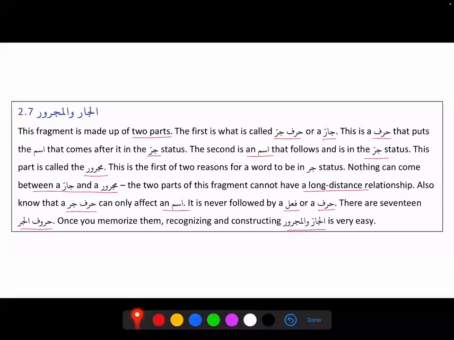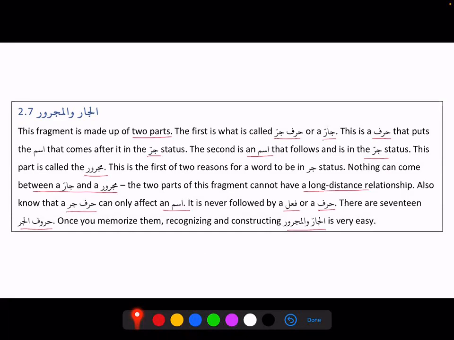This is the first reason for a word to be jar in status. Nothing can come between the jar and majroor fragment; the 2 parts cannot have a long distance relationship. Also know that harfu jar can only affect an ism. We cannot have 2 harfu jar together, for example fi and then another harfu jar like ila or ala.